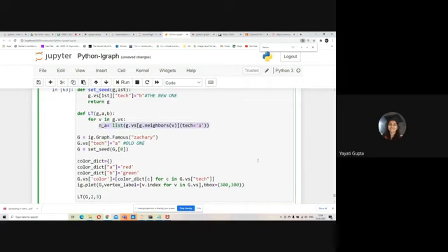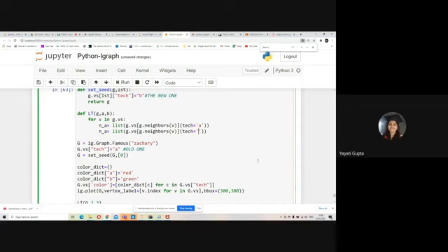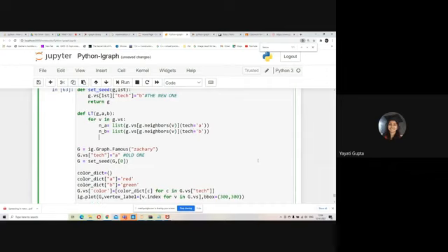Similarly, I'm going to figure out all the neighbors which have adopted technology B. Next, I can also apply a length function here. It will give me the exact number of friends having technology A and the number of friends having technology B.